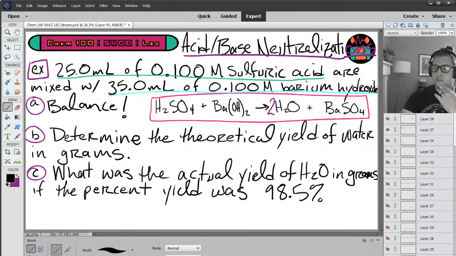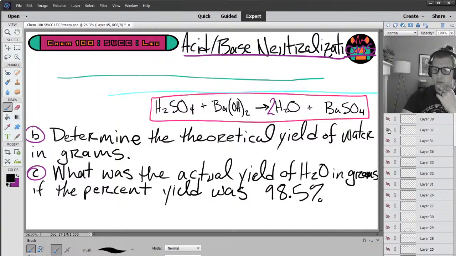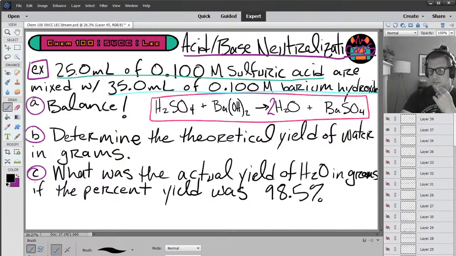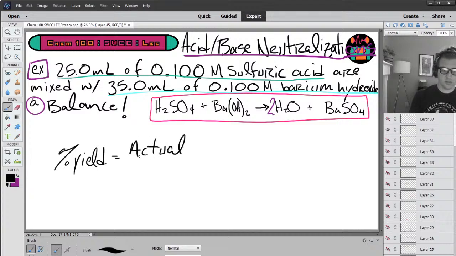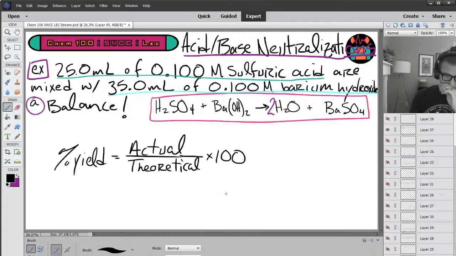So here to solve this part of the problem, we've got to remember that percent yield is equal to actual over theoretical times 100. And we've been given percent yield.